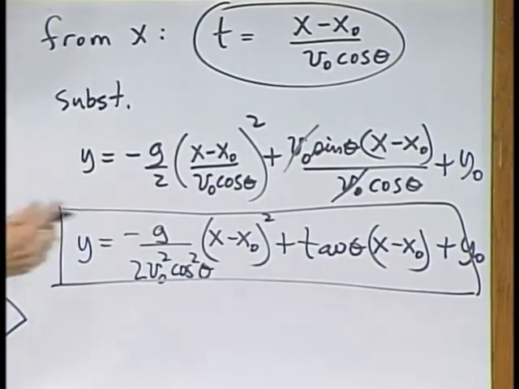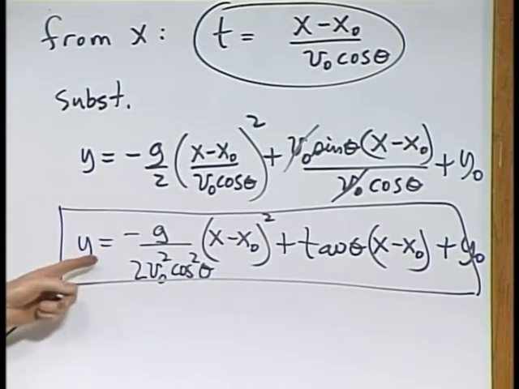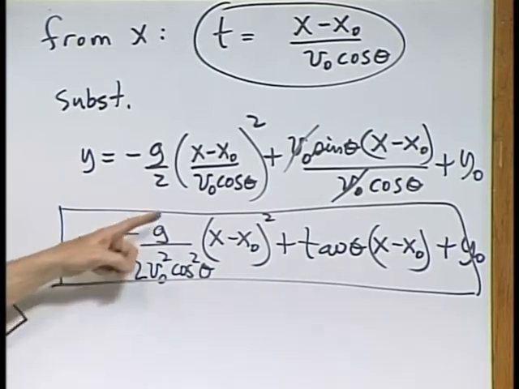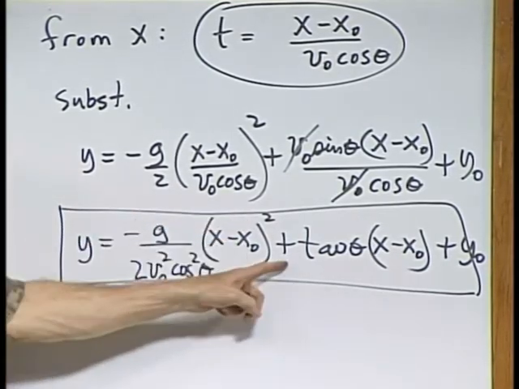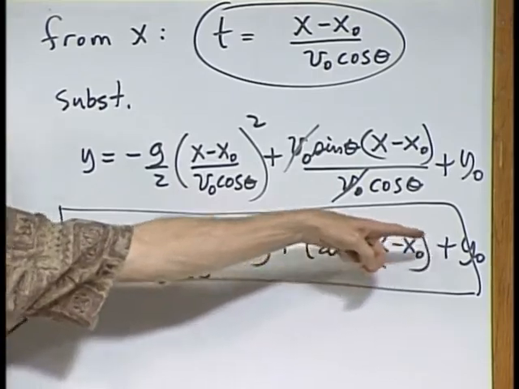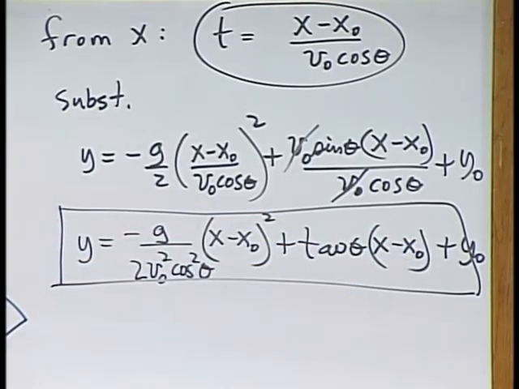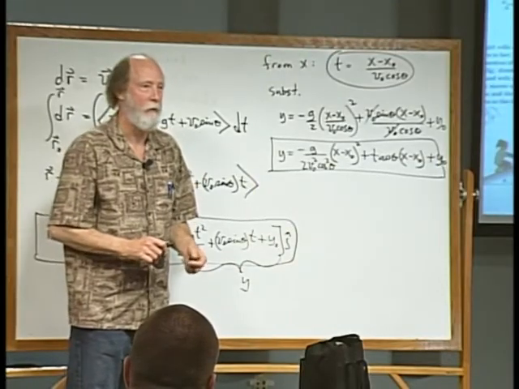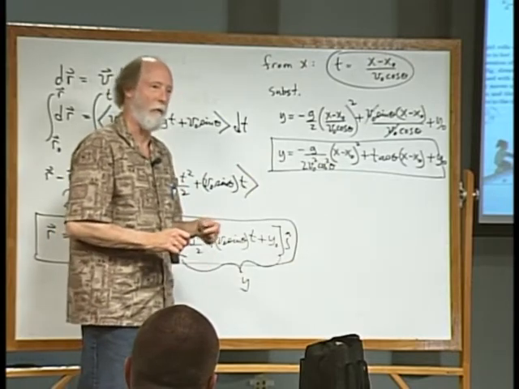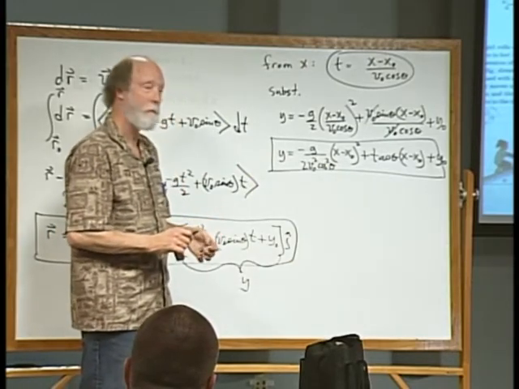So it's a little quick two-step calculation there to show someone that this is of the form y equals some ax squared plus bx plus c, a quadratic function whose shape graphically is a parabola. Right?